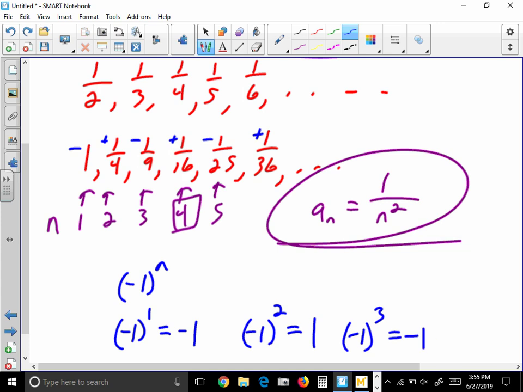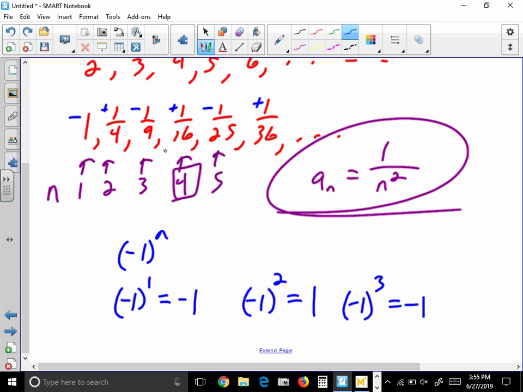So if we're alternating signs, somewhere in there we need a -1 to a power. Now, notice when n was 1, we got -1. When n is even, we got a positive. Is that the sign relationship we have on this one? When we had an odd n, we have a negative value. So for this one, we would have -1 to the n. That would give us our changes in signs.